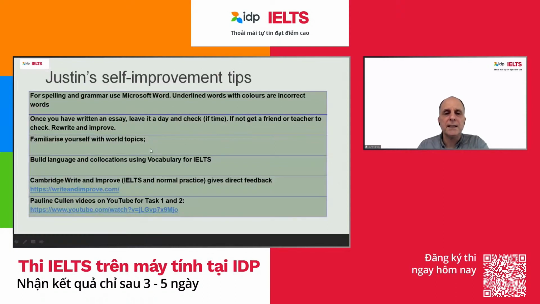Now, some of my ideas for self-improving. Many of you are doing the IELTS test soon. For those doing the computer-based test, while you're practicing at home, remember Microsoft Word.